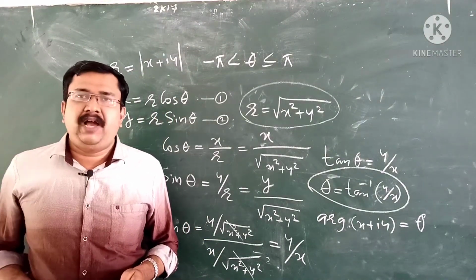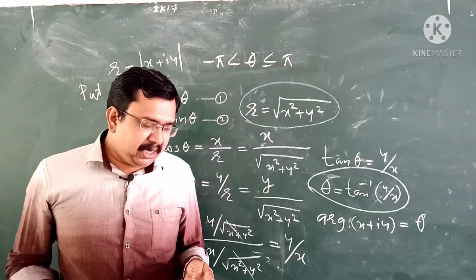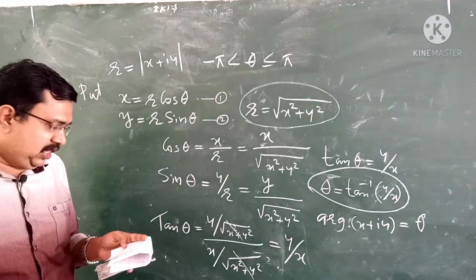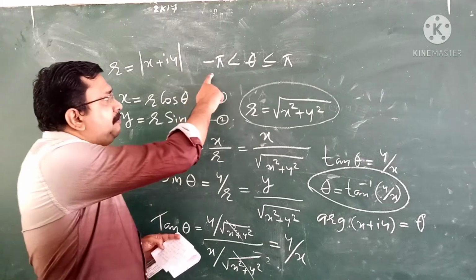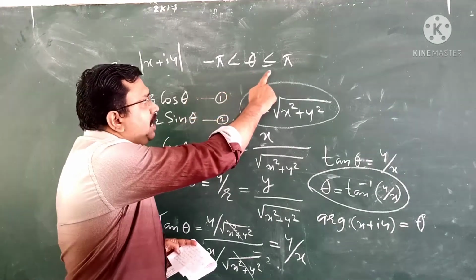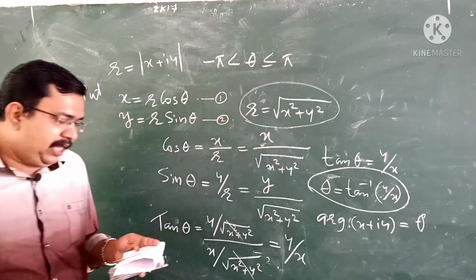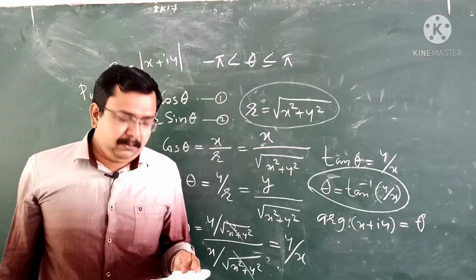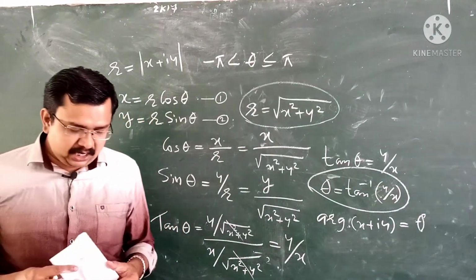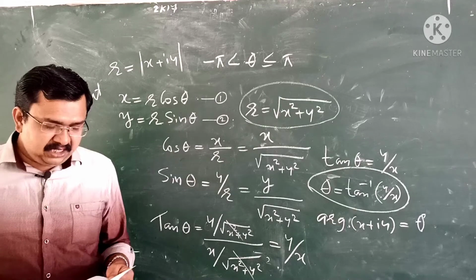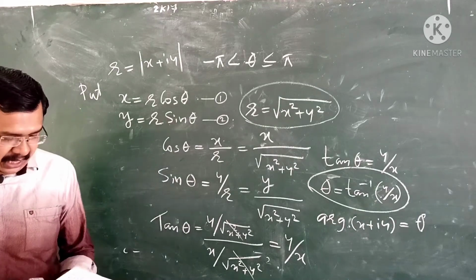What is principal value of the argument? The values of theta lying in the range minus pi less than theta less than or equal to pi is called the principal value of the argument.